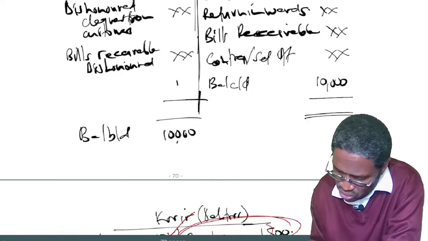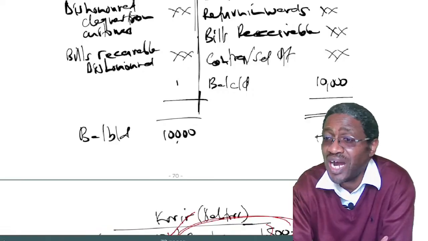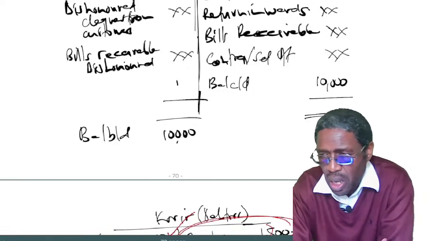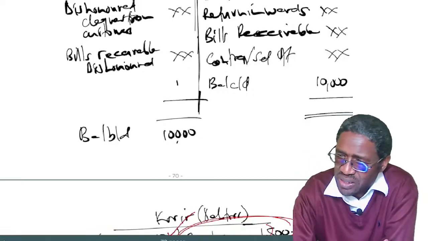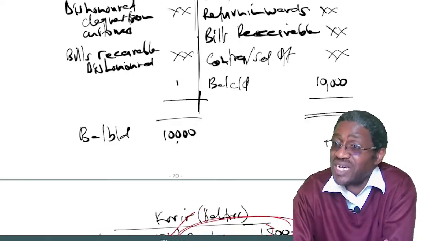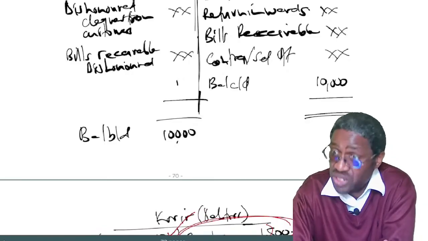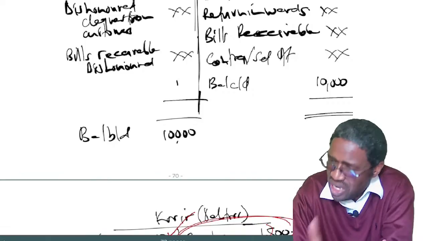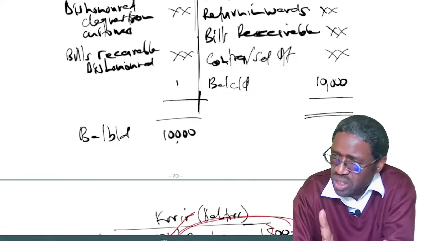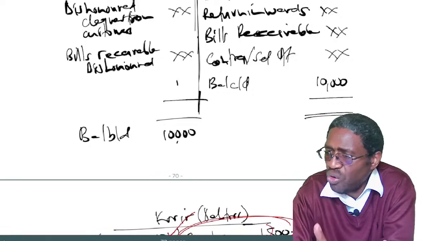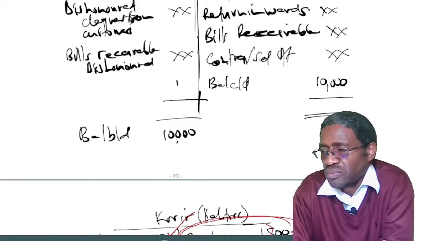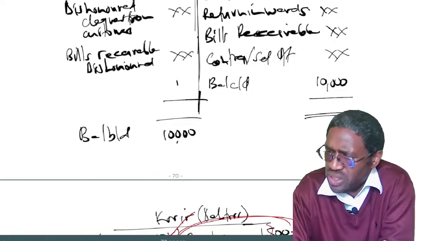I have told you, assets are always a debit balance. But they are a debit balance as a brought down, not as a carry down. You normally determine the balance of an account by where the balance brought down of that account is. But the point is this.